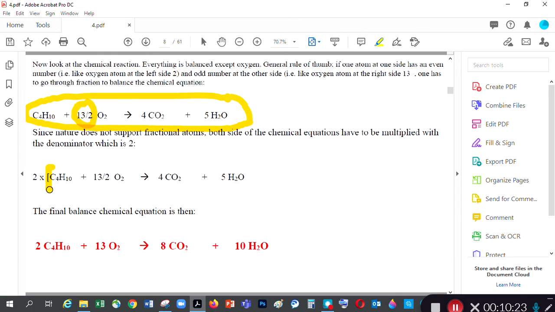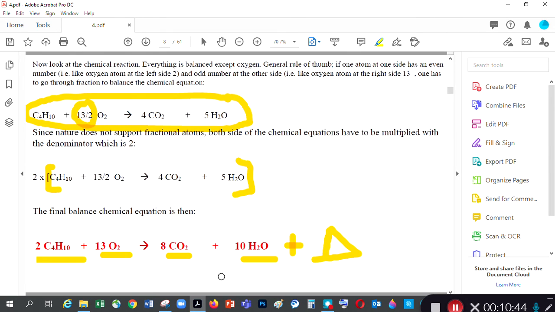Multiply the whole equation by 2. So the whole equation by 2 will be 2 butane, 13 oxygen, 8 CO2, carbon dioxide, and 10 H2O. Of course, plus the heat itself.